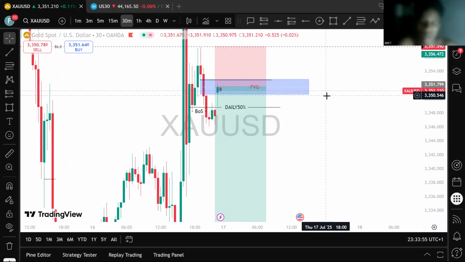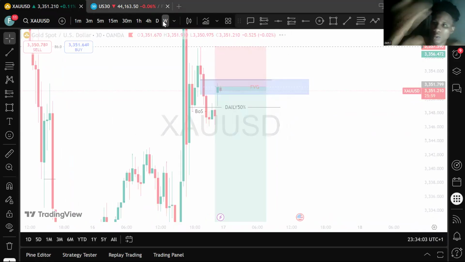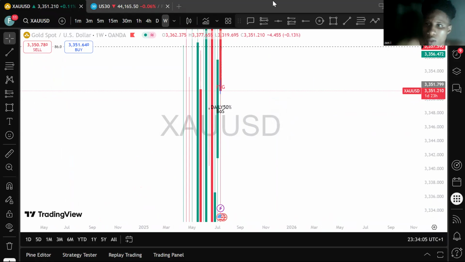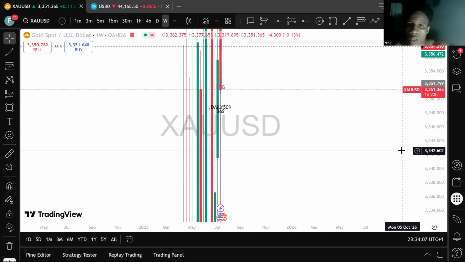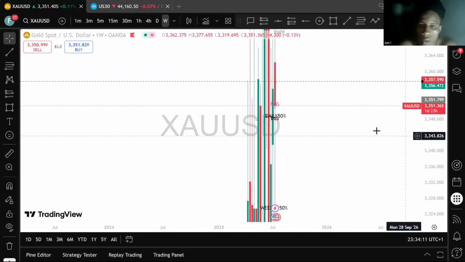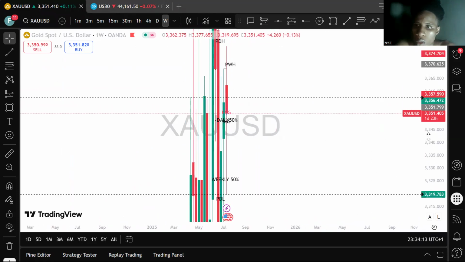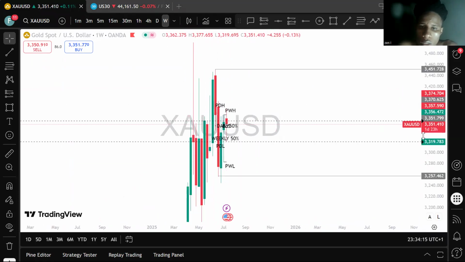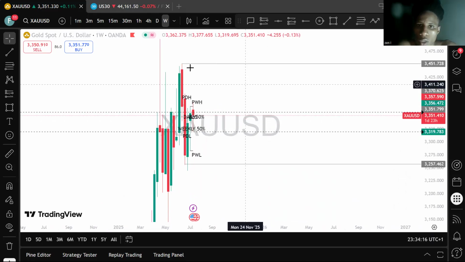Why am I taking a sell trade? Why do I want to sell? So basically, we started using the range trading, candle range theory concept, and now this range is over trading.